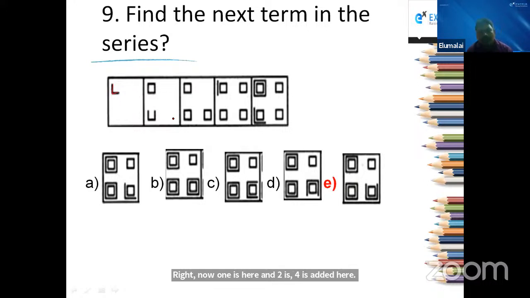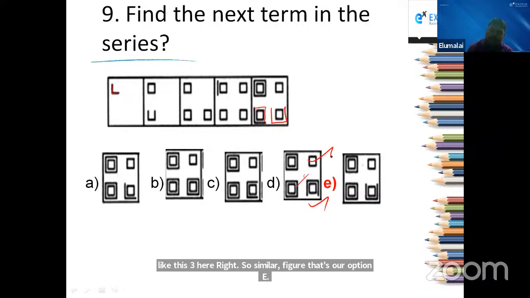So everywhere five is added. So if you add five here, then this shape will be closed like this. That is two here, and the remaining will be like this, three here, right? So a similar figure is at option E. So option E is the correct answer. I hope you can understand this.